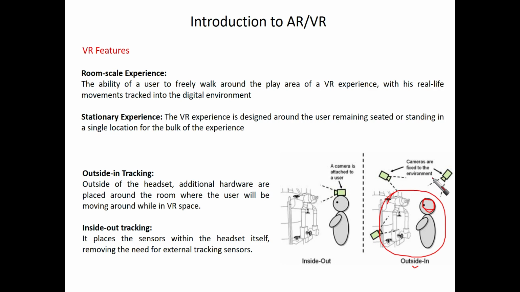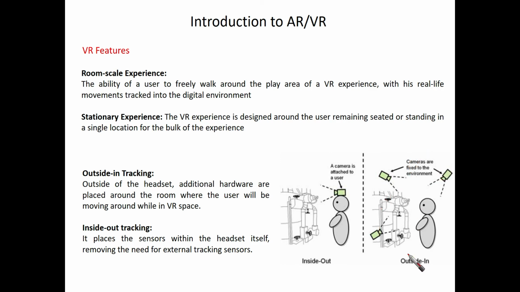So for that we need some additional sensor or camera. Let's say I fix this camera in the room, maybe in 2 or 3 different locations, or maybe at least 1 location, and this location is specific. So in reference to this location, this headset will then be told, okay, I'm now here, that kind of thing. So this is called outside-in. So that means it is outside, and I'm tracking inside my room. This is called outside-in.